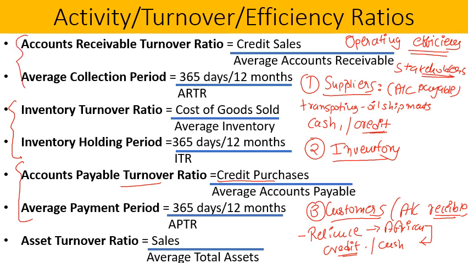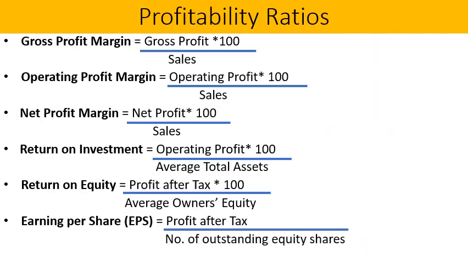So these two ratios cover the customers' perspective, this covers the inventory perspective, and this covers the suppliers' perspective. There is one more perspective, from the shareholders' side, which is the asset turnover ratio, which computes sales divided by average total assets. So this is the operating portion and shows how efficiently a company is operating.